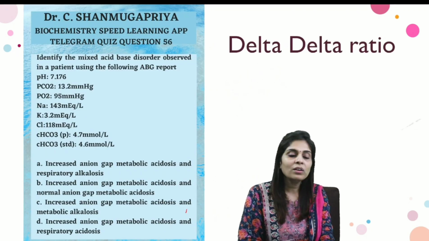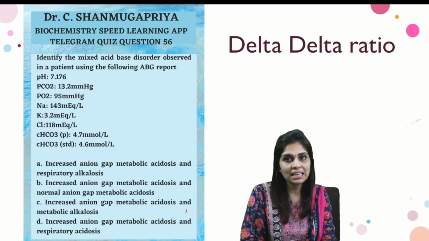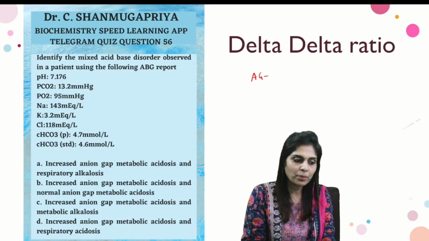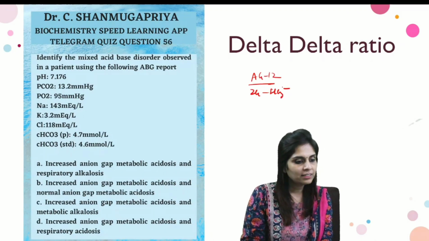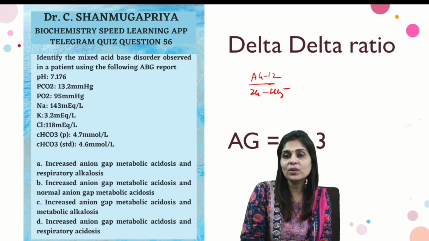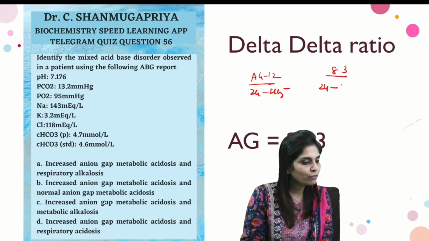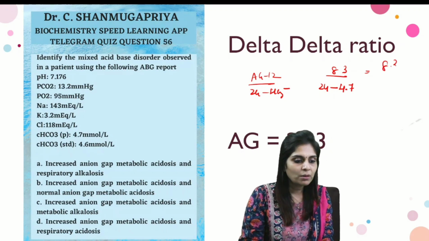Let's find out what the delta-delta ratio is in this case. We know the formula for delta-delta ratio is anion gap minus 12 divided by 24 minus bicarbonate. In this case, we already calculated that the anion gap is 20.3. So 20.3 minus 12 would be 8.3, divided by 24 minus bicarbonate, which here is 4.7. So it is 8.3 divided by 19.3.